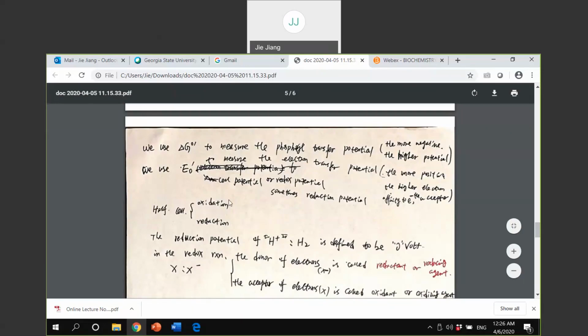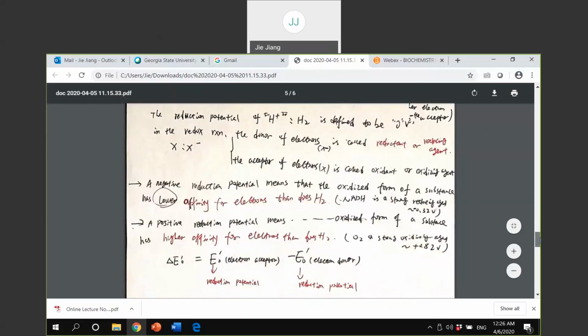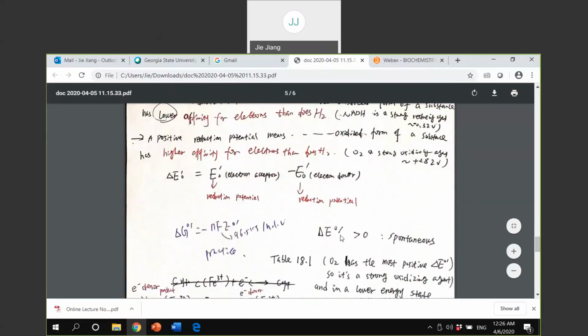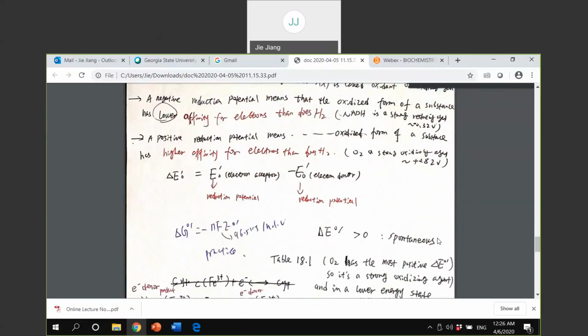In another way, when we say delta G negative, the reaction is spontaneous. Here you should have the opposite way. When the cell potential is positive, the reaction is spontaneous. So how to differentiate that? There is an equation to describe the relationship between delta G and the cell potential.